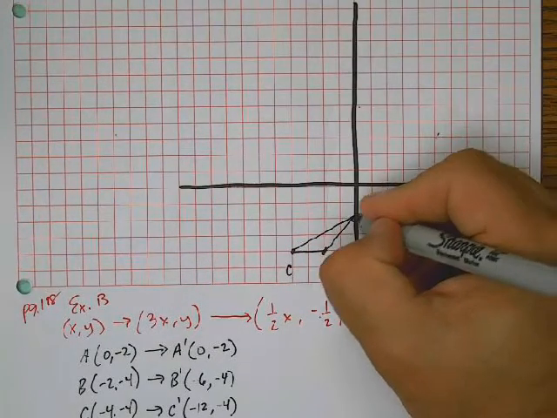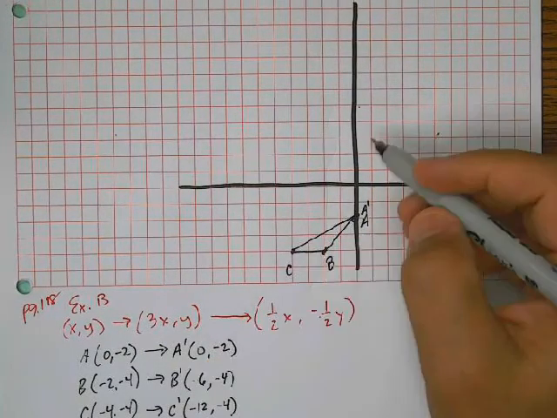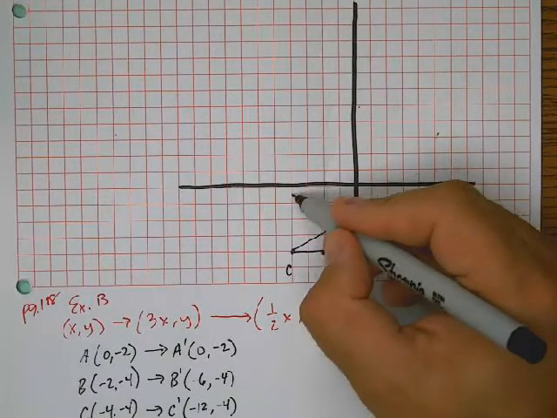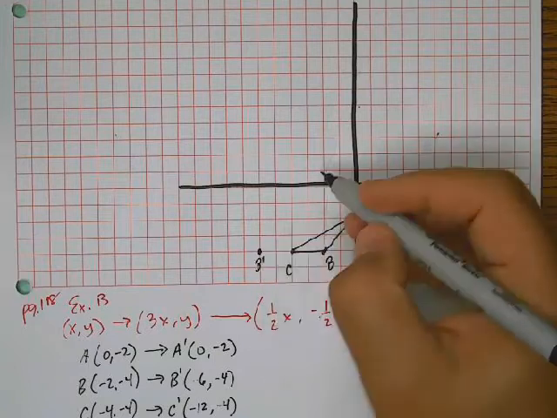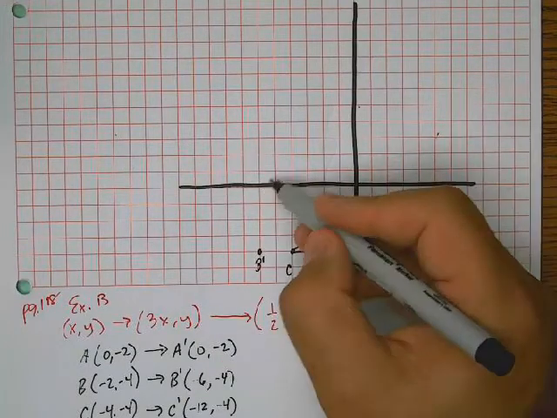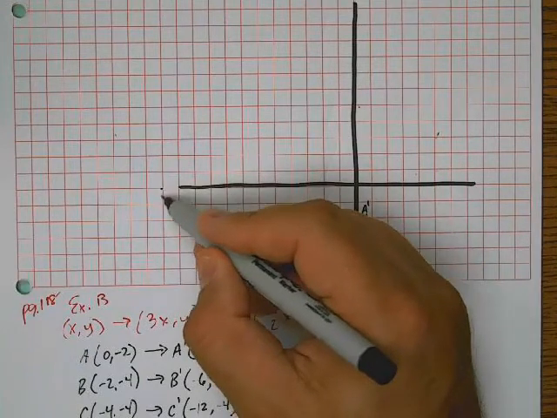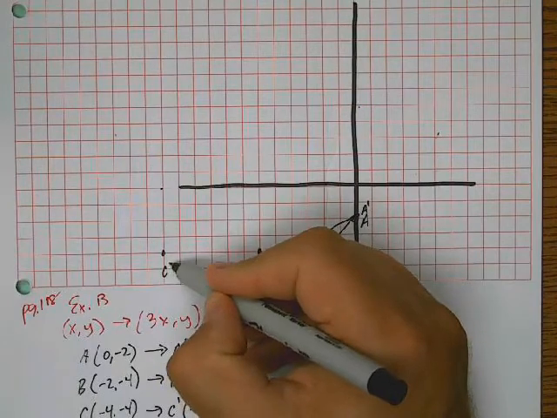Where would these be? 0, -2. The A stays in the same spot. Interesting. B, -6, -4. 1, 2, 3, 4, 5, 6. There's B prime. And C is -12. 7, 8, 9, 10, 11, 12. And then -4. 1, 2, 3, 4. And C prime.